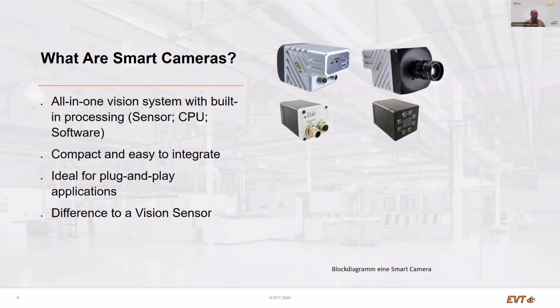But this is not what a smart camera should have, because the idea was finally to have a plug-and-play solution for vision applications. That means if you want to read, for example, a DMC code, you use this smart camera only with the DMC code reader part of the software, and then you can do DMC code reading.